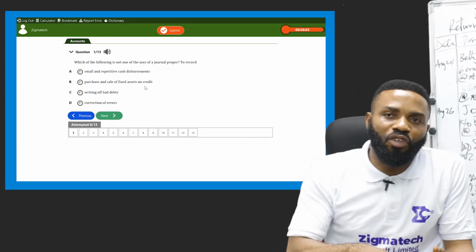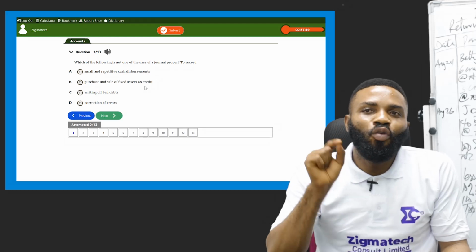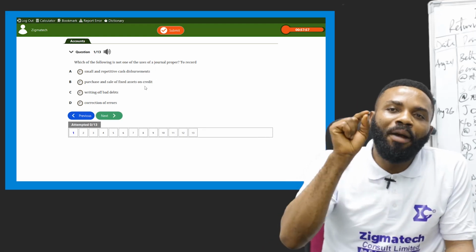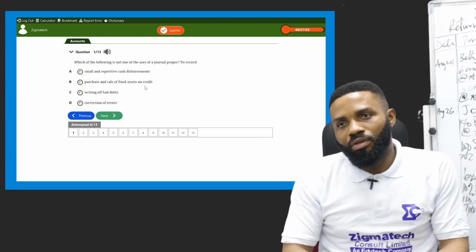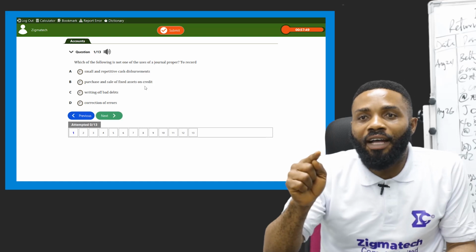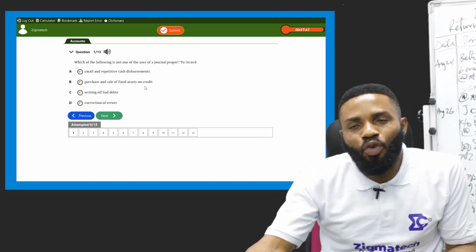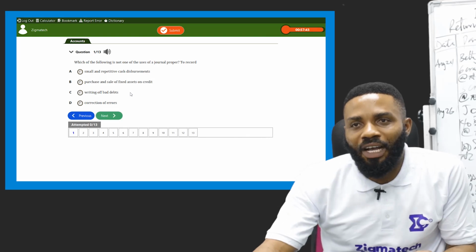If it is sales, it will be recorded in sales day book. But the truth about it is that we don't record purchase or sales of asset in the cash book. Neither do we record it in a sales. So this particular question, it cannot be purchase and sales of asset on credit.